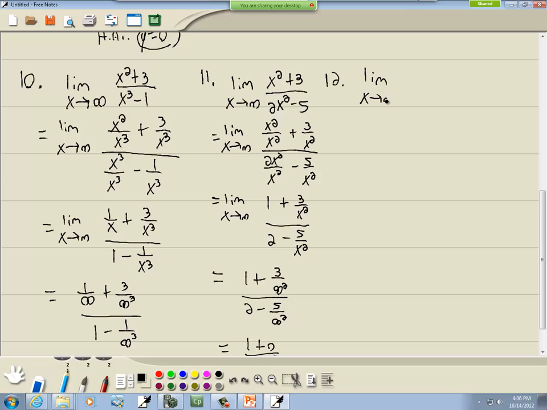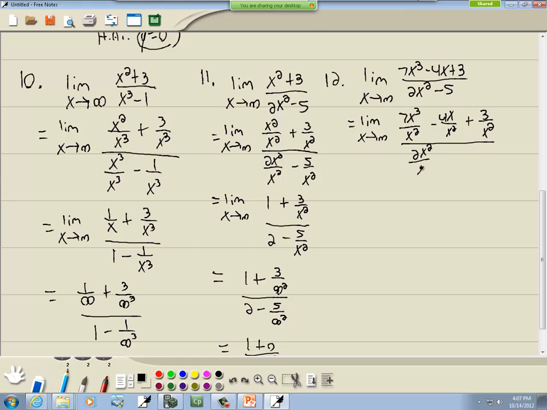Limit as x goes to infinity of 7x to the third minus 4x plus 3 over 2x squared minus 5. Again, we're going to divide everything by x to the largest power down in the denominator, which is x squared. So we're going to have 7x to the third over x squared minus 4x over x squared plus 3 over x squared, all over 2x squared over x squared minus 5 over x squared.